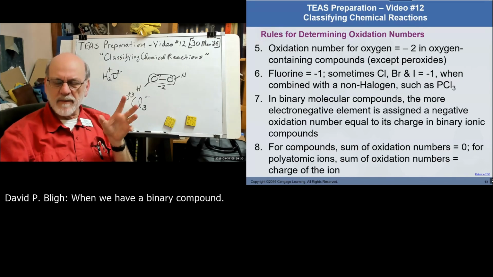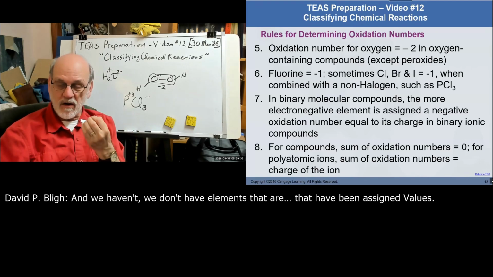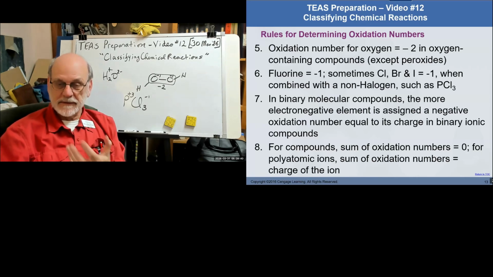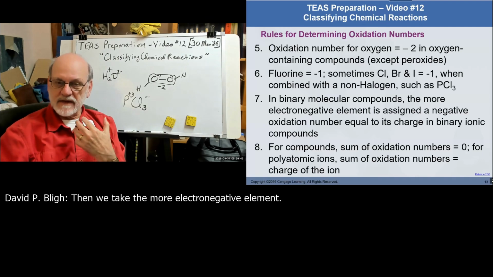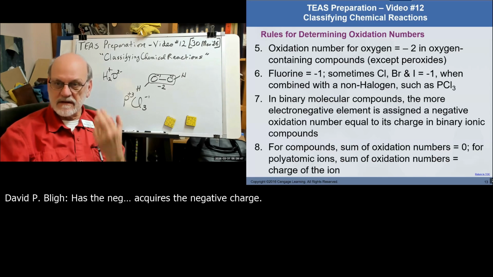When we have a binary compound and we don't have elements that have been assigned values, then we take the more electronegative element, which acquires the negative charge.